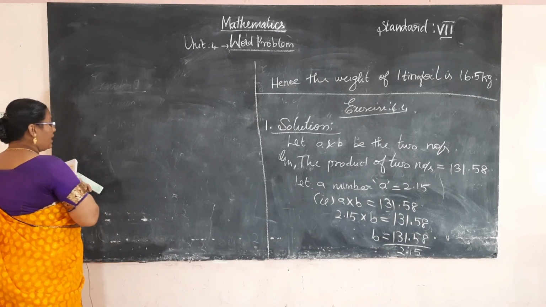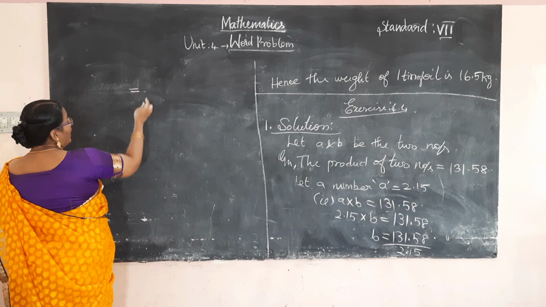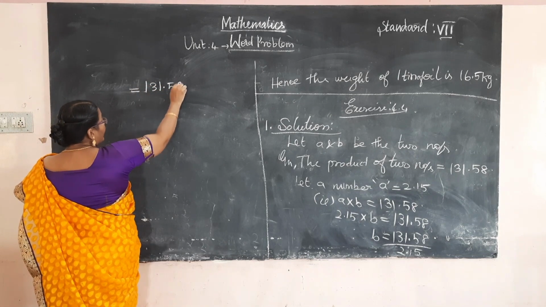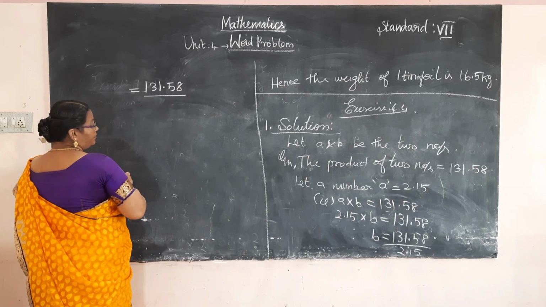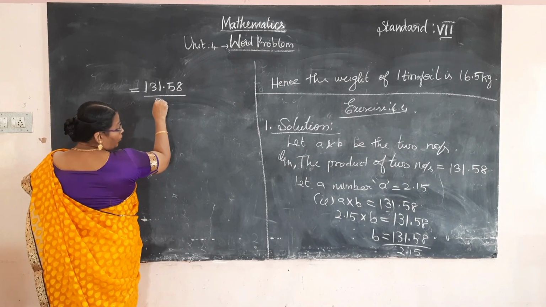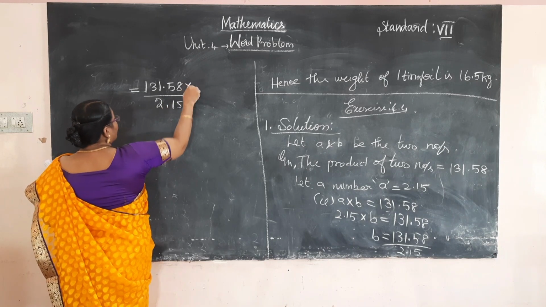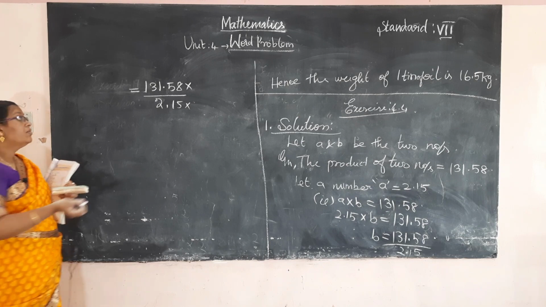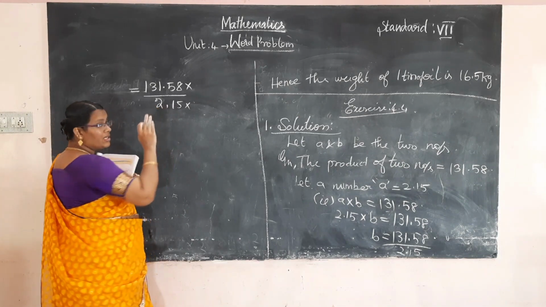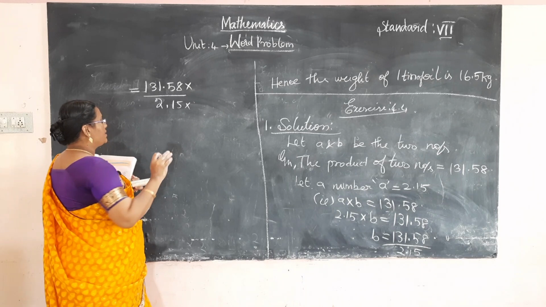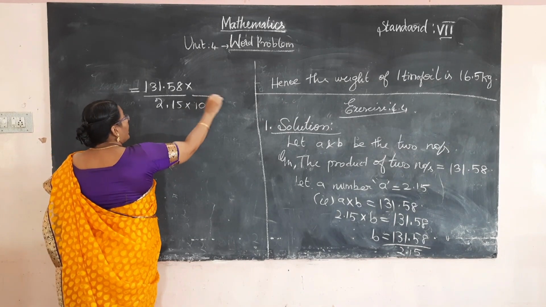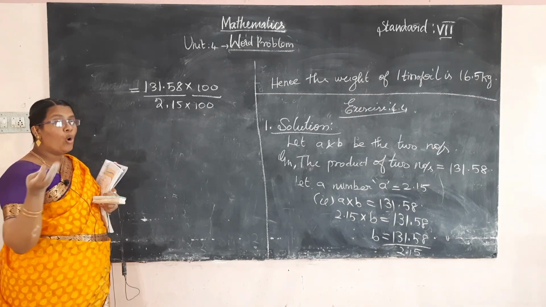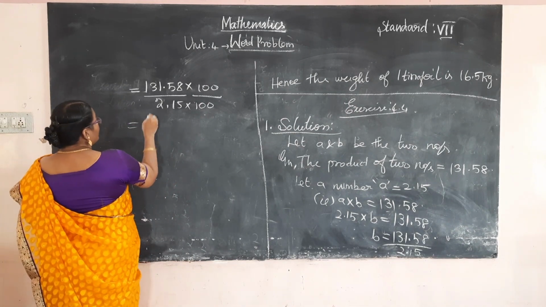So numerator and denominator are multiplied by 100. Why? Because there are 2 decimal places, multiplying by 100 changes them to whole numbers.